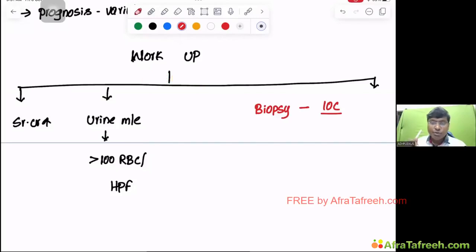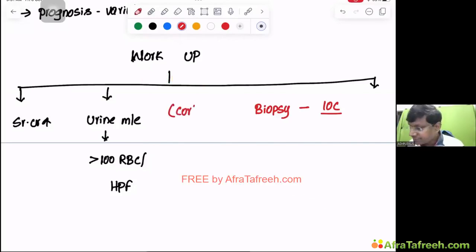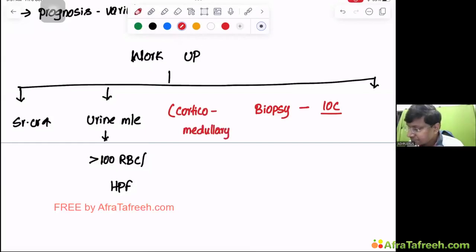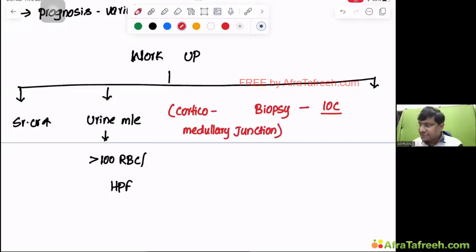The lesions are more pronounced deep. Where are these lesions? They are present in the corticomedullary junction.